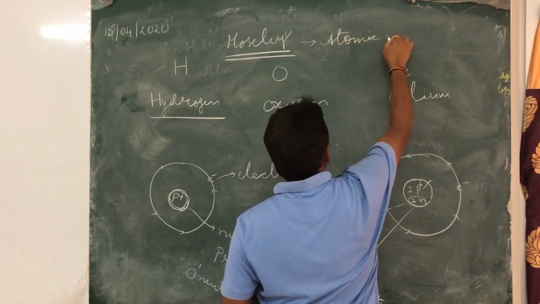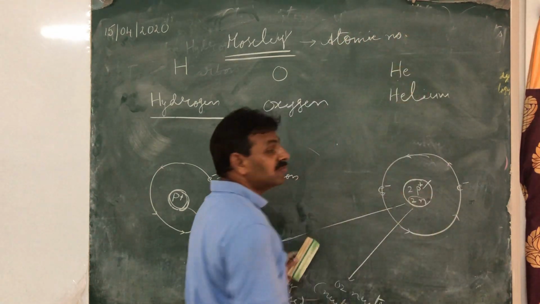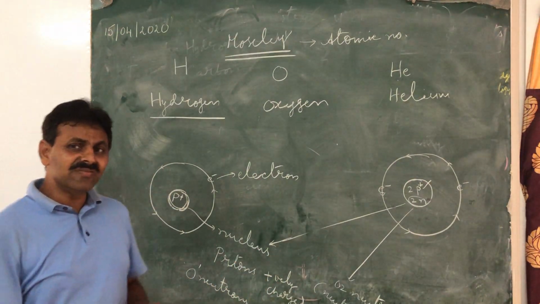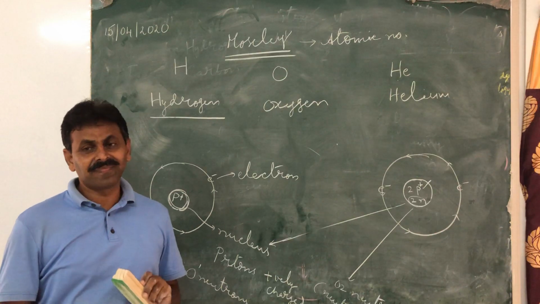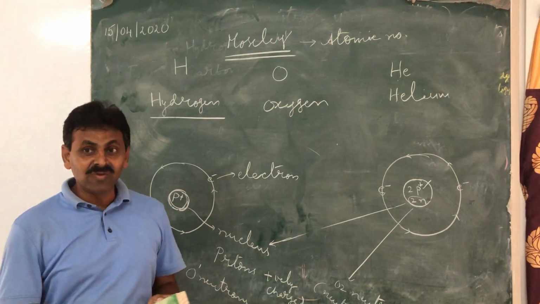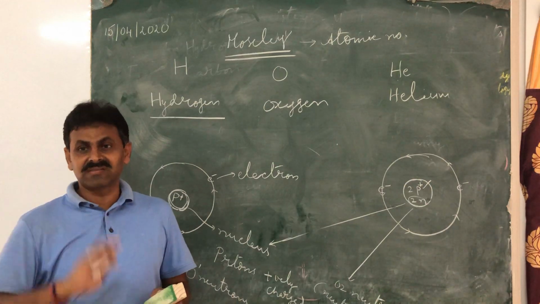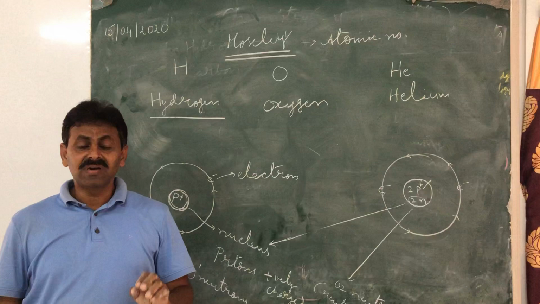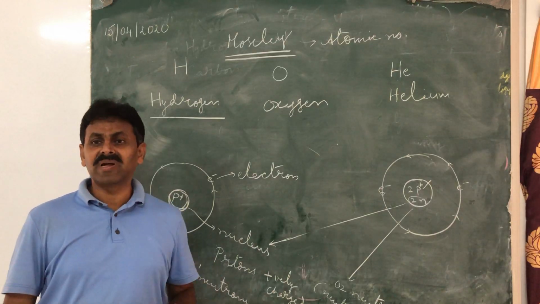Atomic number was introduced by Moseley. I'll tell you one amazing fact about Moseley. Had Moseley been alive for more than 30 years, he must have got the Nobel Prize.